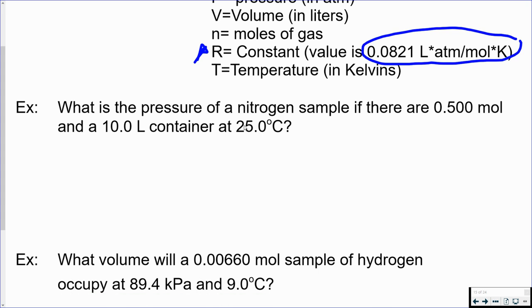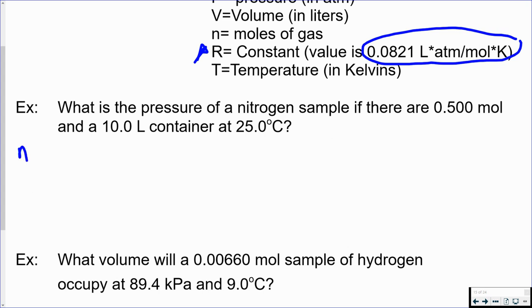So we're going to run through one together. I'm going to have you try one, and then we'll show you another adaptation of PV = nRT. Originally it says, what is the pressure of a nitrogen sample if you have 0.50 moles?